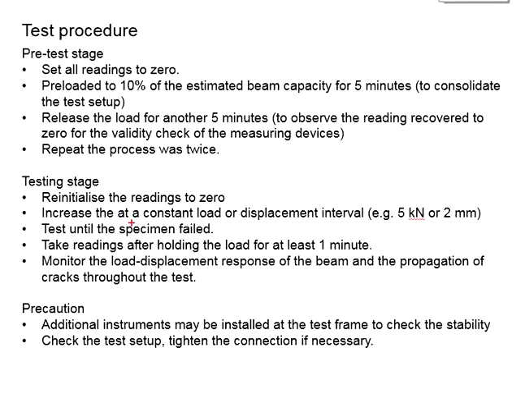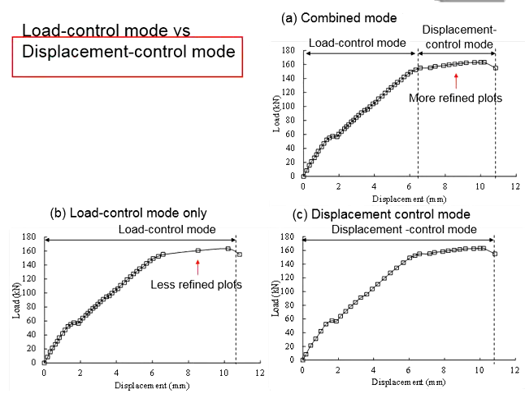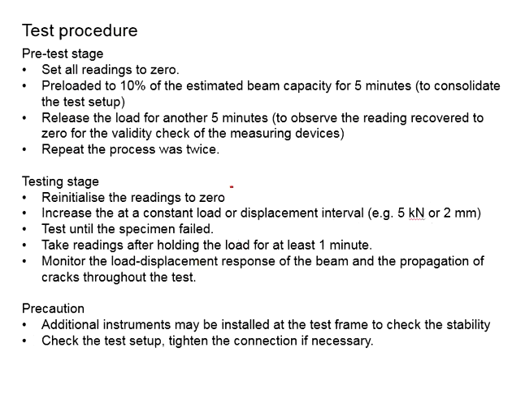You will progressively increase the loads at an interval of 5 kN during the load control mode. As for the displacement control mode, we will decide the increment of the load level based on the displacement. For example, for every 2 mm displacement, readings are taken.